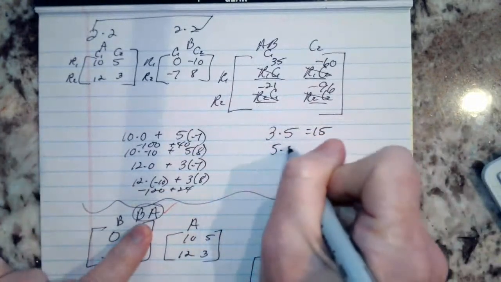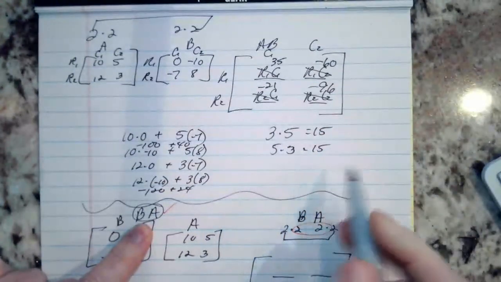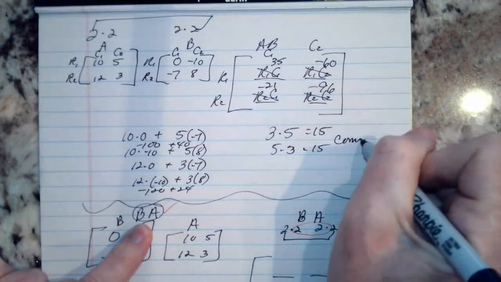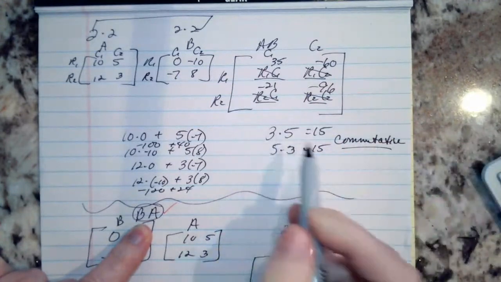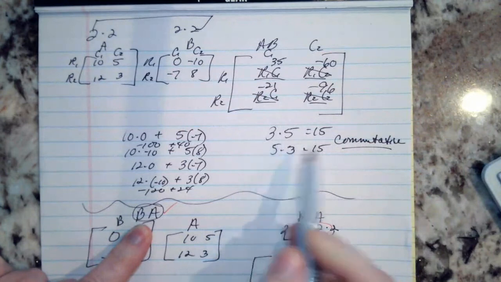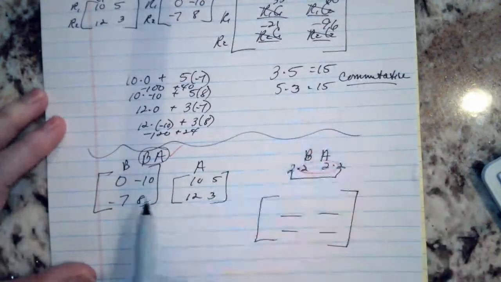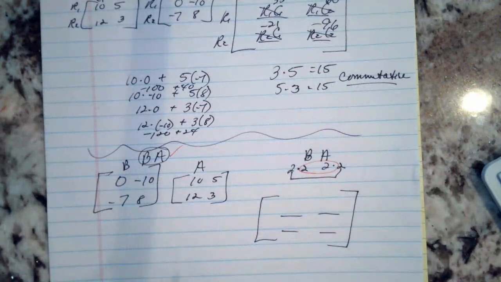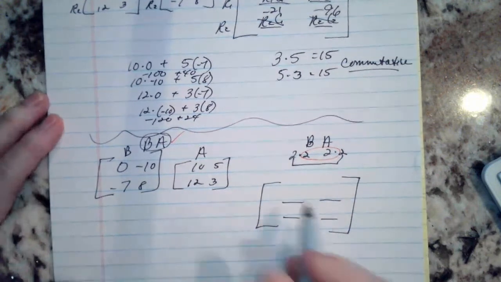We've just flipped them. 5 times 3, that gives you 15. So regular multiplication does have the commutative power. The order does not matter. You can commute those. You can change their order, but without changing the answer. But in matrices, the order matters. So I'm going to put B first and then put A there.